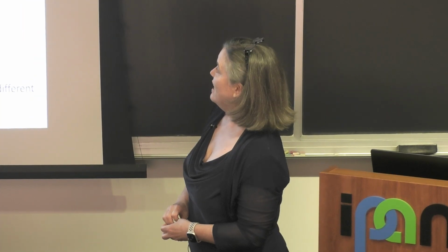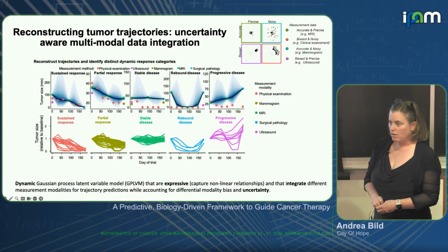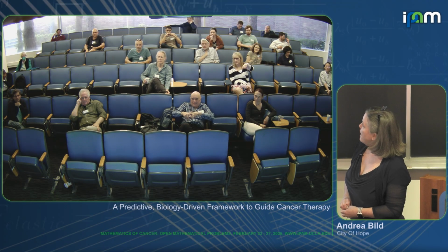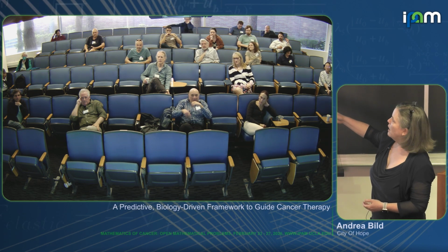Is the blue shading the uncertainty in the predictions? How is that calculated? That's calculated from the different data measurements.